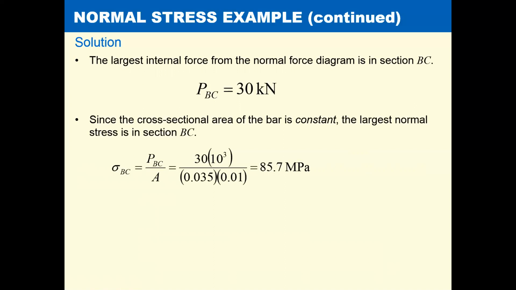It's very important that we do not write down an answer with more significant digits than we perhaps know the problem to be. There's always error in measurement, thickness and width and so forth, or maybe even the forces are not known to the precision that the problem may imply.